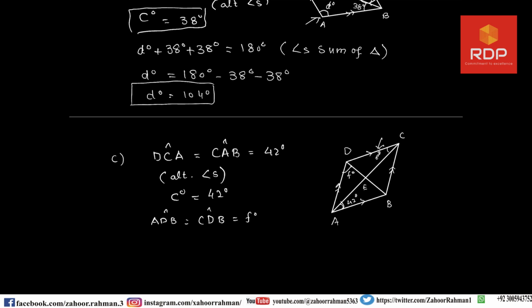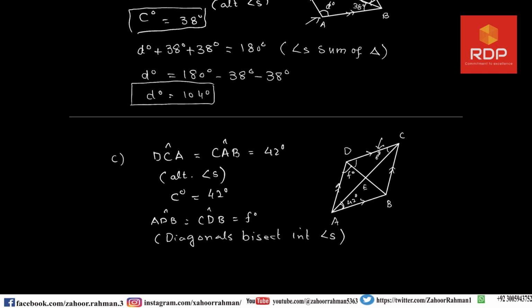ADB, which is F, is equal to CDB, which is this one, because the diagonal bisects the interior angle.